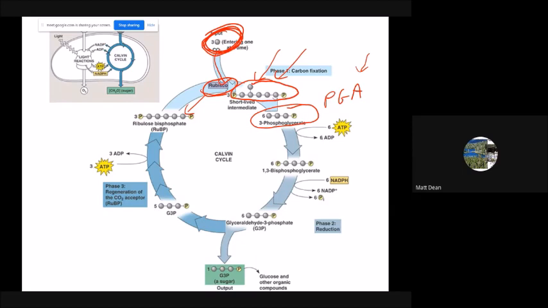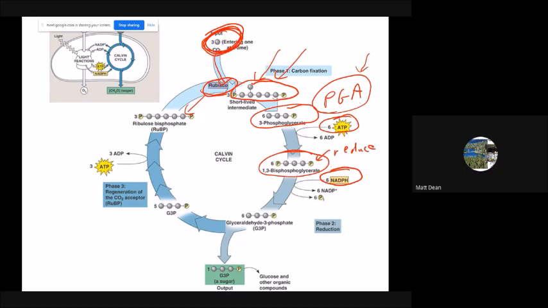So the next step that happens in the Calvin cycle is that the ATP that was generated in part 1, the light-dependent reactions, is used to phosphorylate the PGA. Give it phosphate groups, transfer energy to it. Notice the name changes once it gets phosphorylated. And then the other energy source that was made in part 1, NADPH, is used to reduce the 1,3-bisphosphoglycerate. Give it electrons, give it energy.